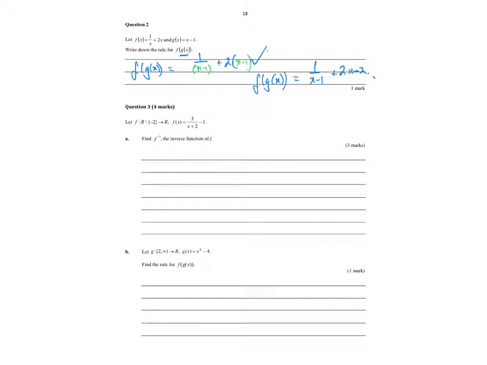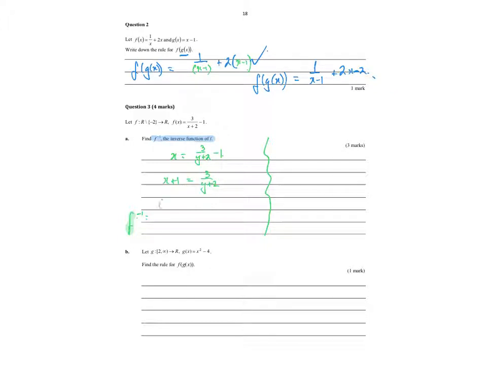All right, let's have a look. Find the inverse function of f. So straight away we know my final answer is going to say f inverse is equal to. So to find the inverse, we swap our x and y's. So let's put x equals 3 over y plus 2 minus 1. Take the 1 across, x plus 1 equals 3 over y plus 2.